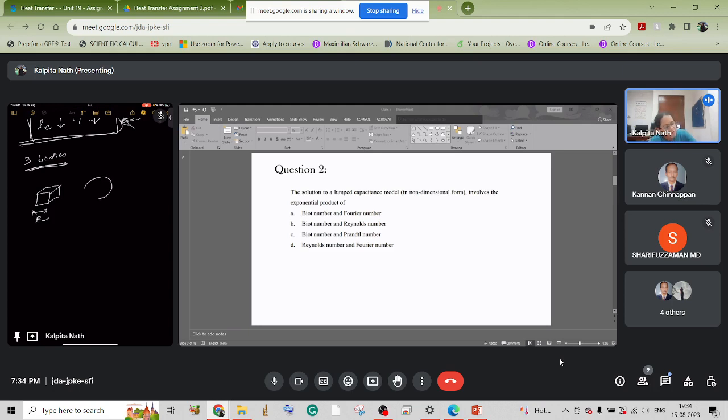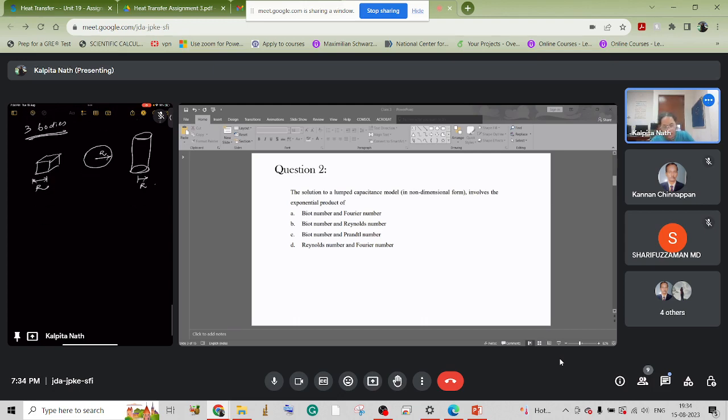And we have a sphere. Let us consider its radius to be R as well. And there is one cylinder. Let us consider its radius to be R. Now, the question is, which of these three bodies will cool faster?